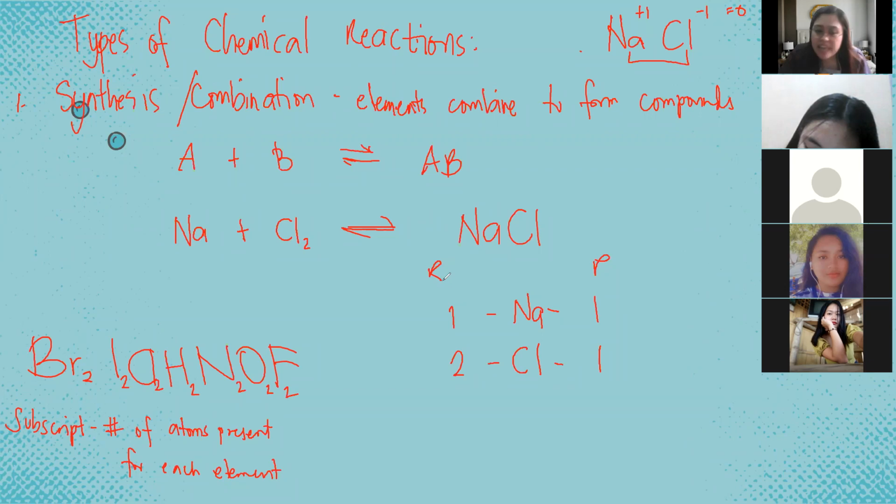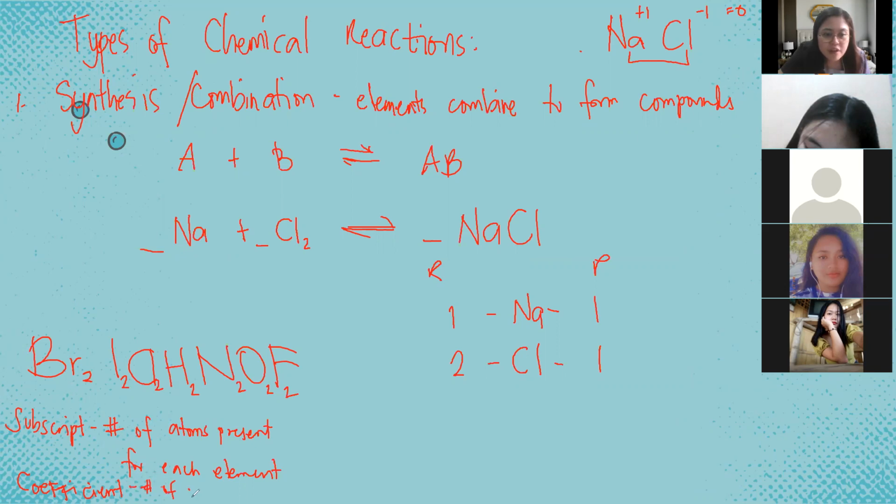Now, in balancing the equation, the only thing we change, by trial and error, is the coefficient. Again, we call it the coefficient. That is the number, class, placed beside the chemical formula. And what does it represent?